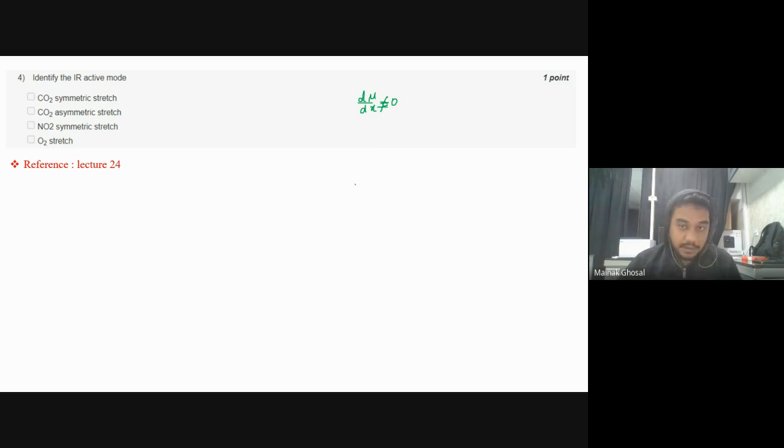Now I am coming to the different modes. Then I will explain why the other modes are IR active or not IR active. So this is the CO2 molecule. Two modes are discussed about CO2 here: one is symmetric stretch and another one is asymmetric stretch.